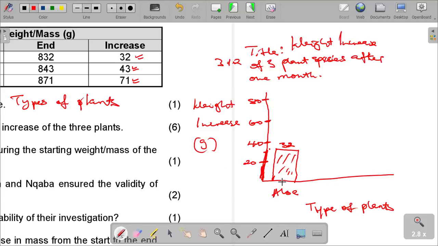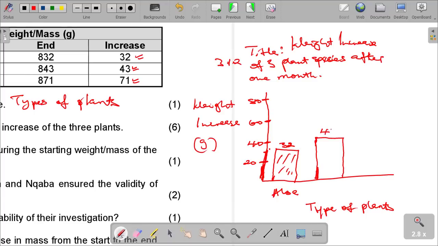And then the next plant is the prickly pear, which is 43. Don't forget that this is a bar graph. So it can be 43, just above 40 there.